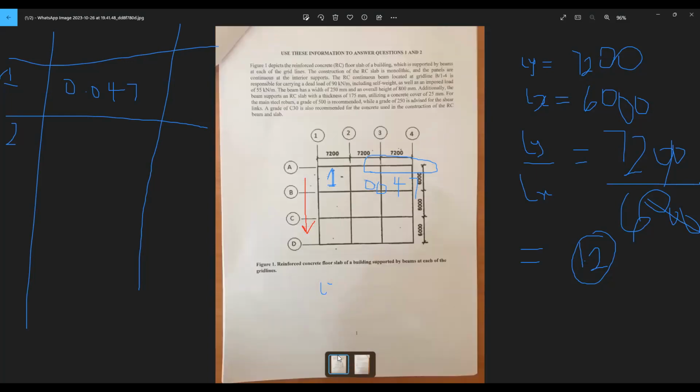So we won't bother ourselves to find the Ly over Lx. The Ly is the same as 7,200. The Lx is the same as 6,000. It's the same 1.2. So it means that we are still at the 1.2 column, and let's do justice to that.